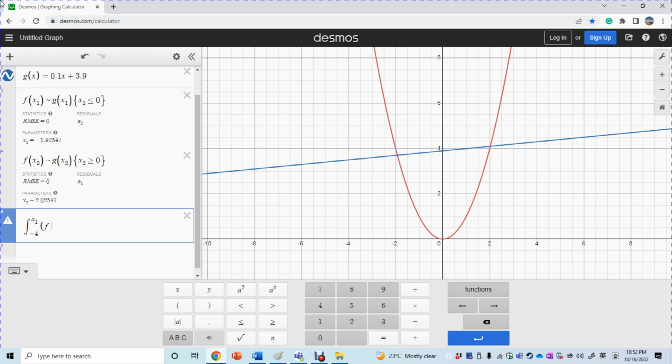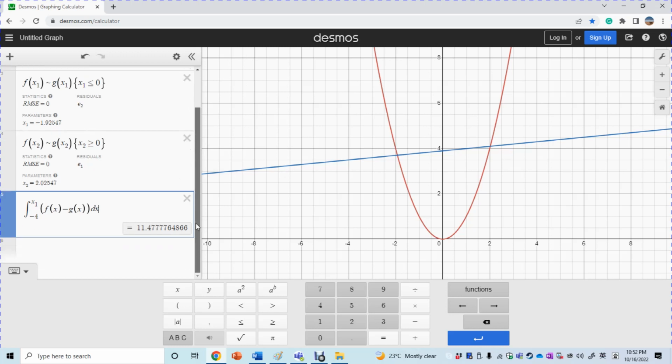Don't forget the bracket. Then it automatically shows you the value. So that's my area 1.